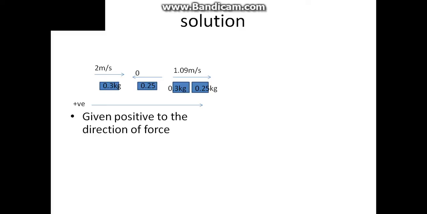Giving positive to the direction of force, m1 v1, that is mass of the moving train times velocity of the moving train, plus mass of the stationary train times velocity of the stationary train, is equal to the sum of the mass of the two trains combined together times their common velocity.